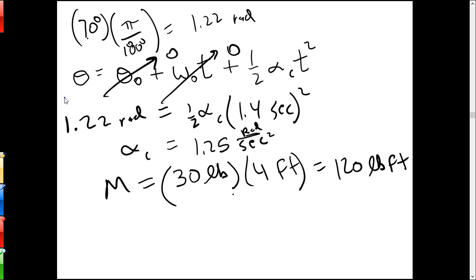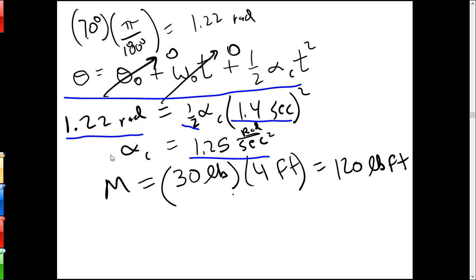All right, now here's how you get alpha. See, you can use a kinematic equation. Theta is theta 0 plus omega 0 t plus 1/2 alpha t squared. You know how far it's got to open, and you know how long it can take. So when you work that through, you're going to get 1.25 radians per second squared. That's alpha, and that's constant.